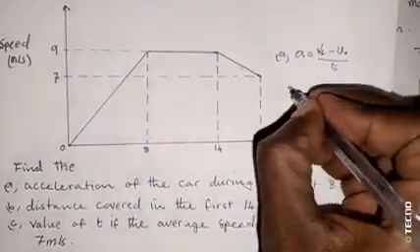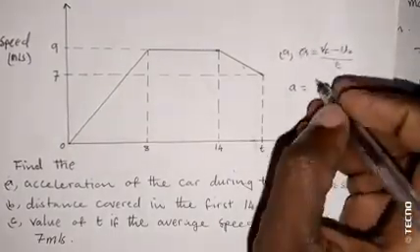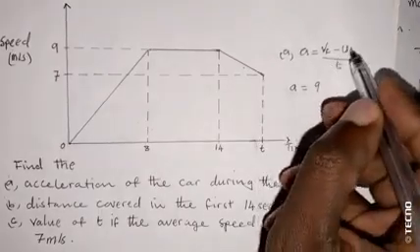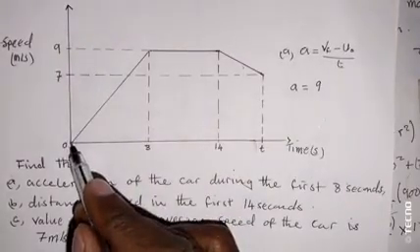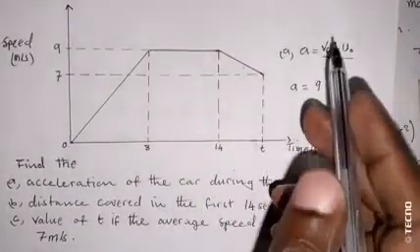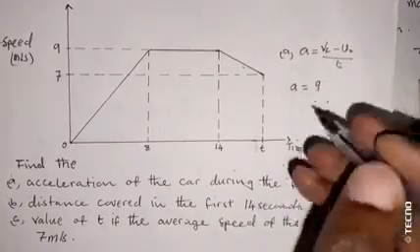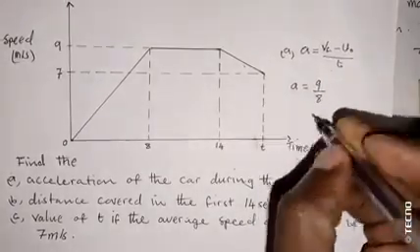Then a is equal to, our final here is going to be 9, minus 0 because our initial is 0. 9 take away 0 will just be 9 over 8.